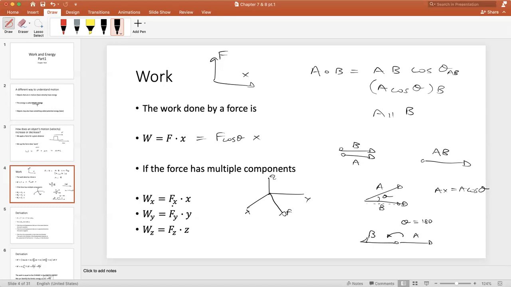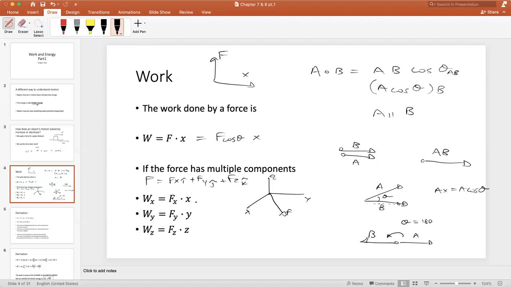But if it were in 3 dimensions, or however many dimensions you wanted, what you would do is break the force vector into components, because the force vector has an fx in the i hat, plus fy in the j hat, plus fz in the k hat, right?